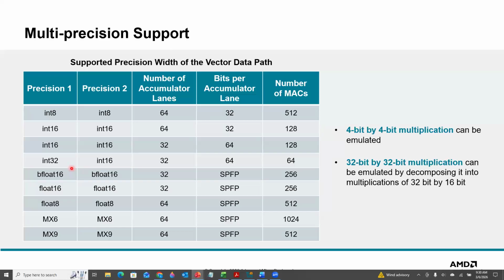Everything is optimized around specific data types. And just like the previous family was really optimized for 32-bit types, this family is optimized for 8-bit types. And that means the ability to do more operations in each clock cycle.